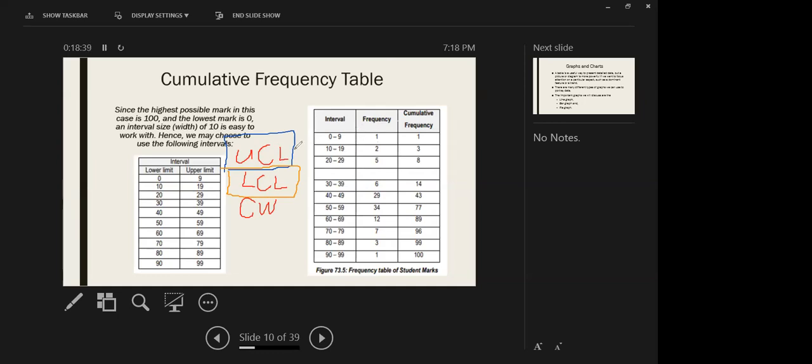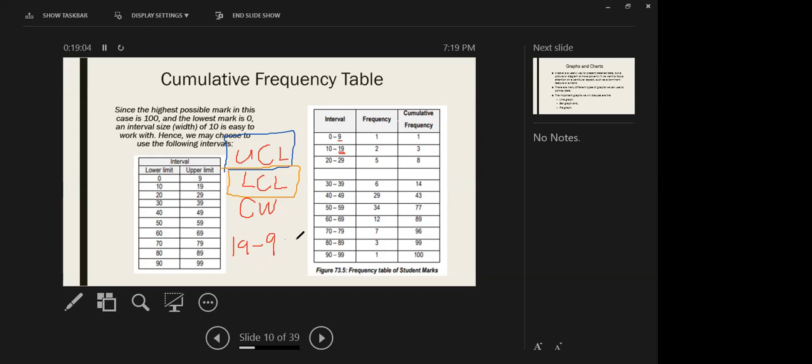What I want to do now is to find the class width. So I'll take the upper class limit for the second class, which is 19, and then I subtract 9. I subtract the upper class limit of the first class from the upper class limit of the second class. So this becomes 19 minus 9, right?